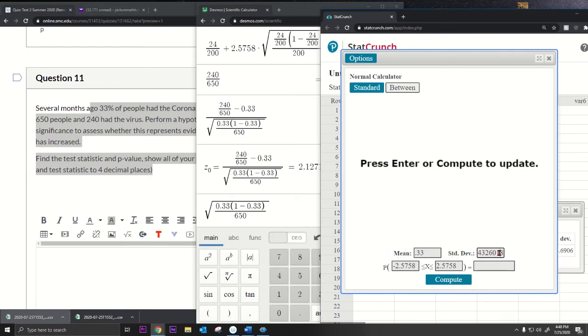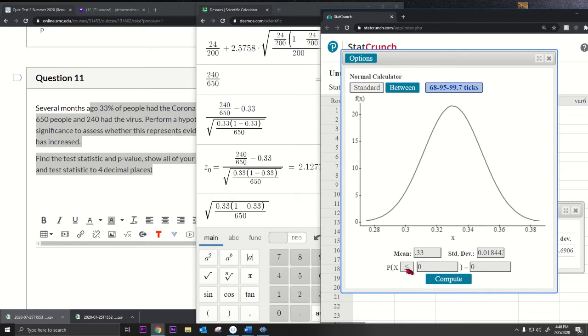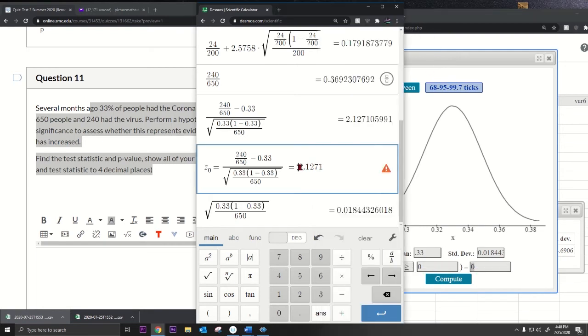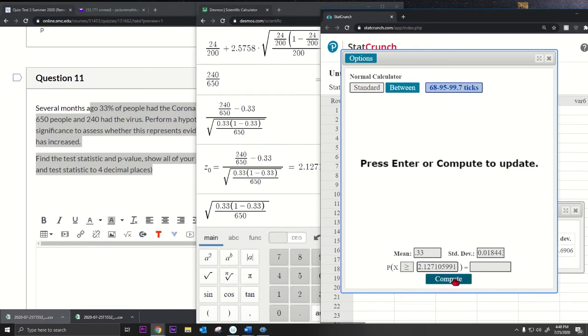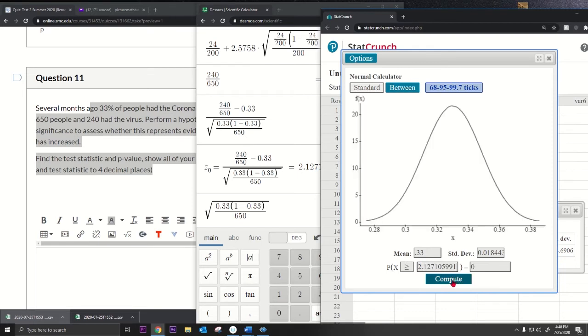We got the standard error. Make sure everything's correct. And then now what are we doing? We're going to do standard and then go greater than, I believe, since it's a right-tailed test. And our test statistic is positive. So Control C, Control V. Press enter and you get 0.0 — is that right? Let me think.